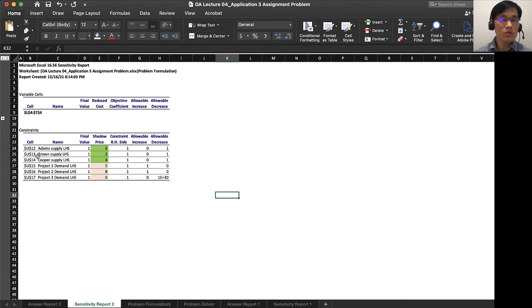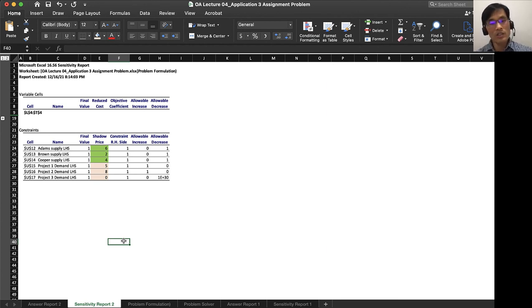Brown, if Brown works one more time, if he's available, then it's only $2. And Cooper works for one more project, then it's going to be $4, right? So that's given here. So we see that there are various options available. Looking at the shadow price, we see that happening.